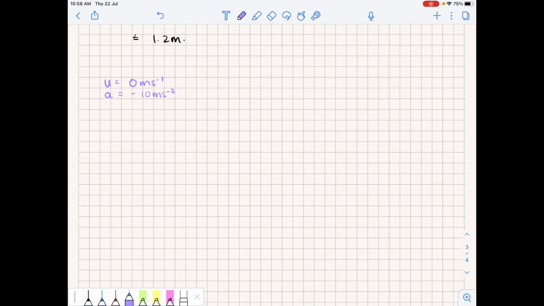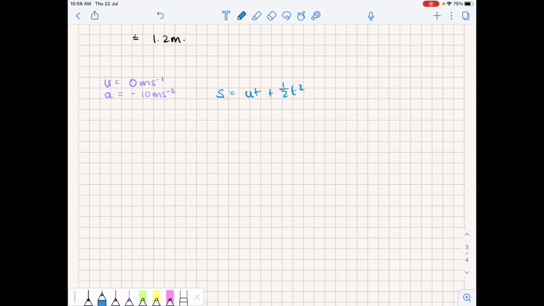We could put the displacement of 30 meters into the equation displacement equals ut plus a half at squared, but then I would be solving for time. I want a displacement time function to solve for displacement at any point in time, so I need to leave displacement as a variable.